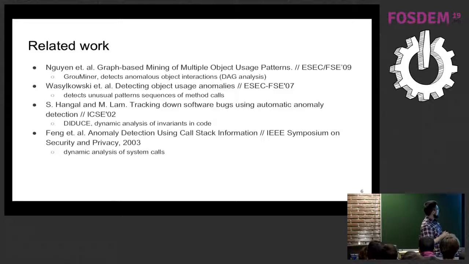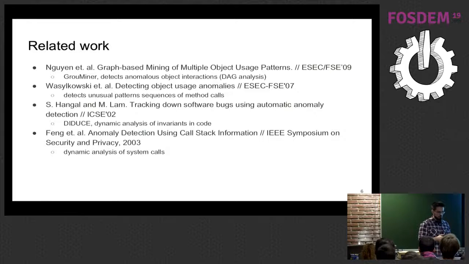The next papers are based on dynamic analysis. The Deduce tool tries to run your program and store every value of every expression that it encounters. And it tries to induce some invariant rules. And when these rules are violated, for example, some expression gets a value that differs a lot from all its previous values, it's considered a candidate anomaly.